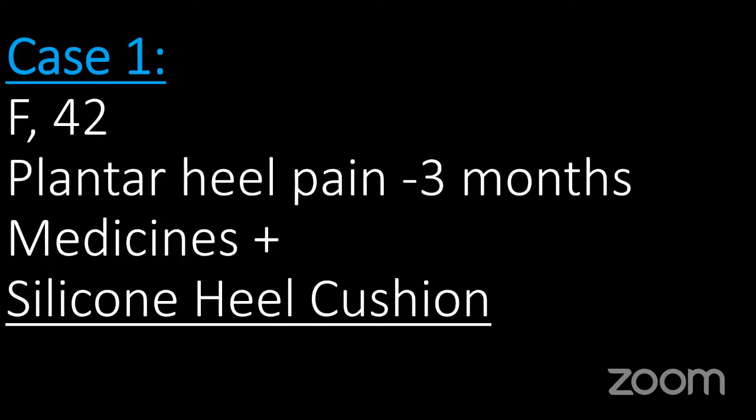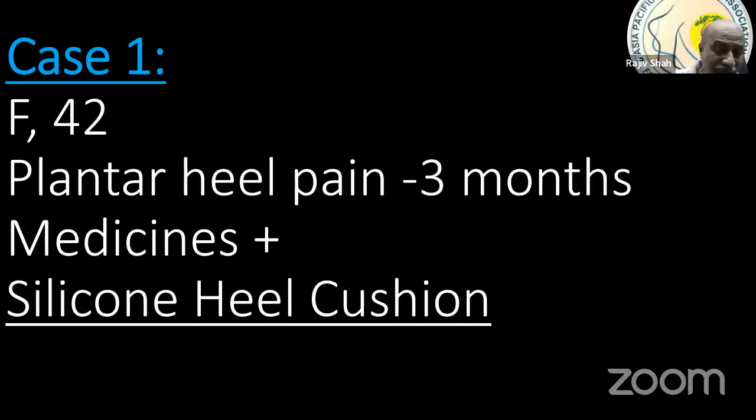How much chance is there of tendo-Achilles rupture after injection? When you inject into the retrocalcaneal bursa, it doesn't give any tendo-Achilles rupture. But when you inject into the tendo-Achilles at its insertion, 100% it is going to give rupture of the tendon. So don't inject at the insertion of tendo-Achilles for Achilles tendinopathy.